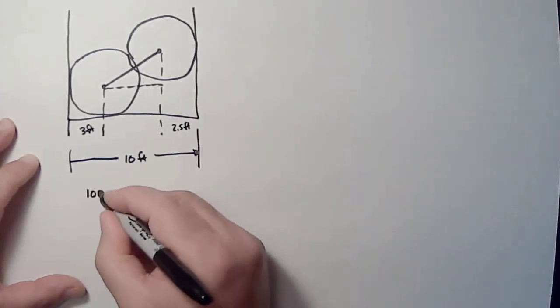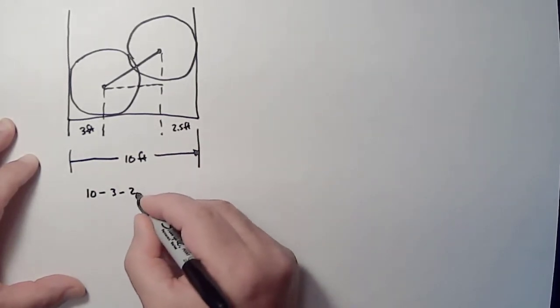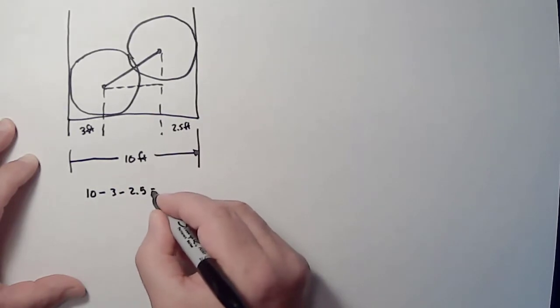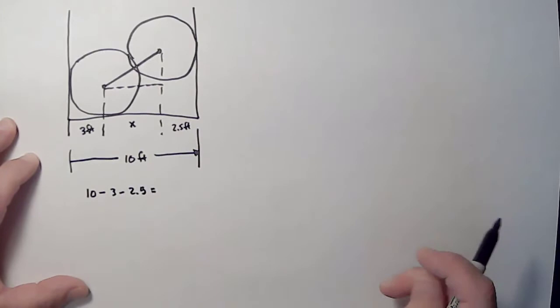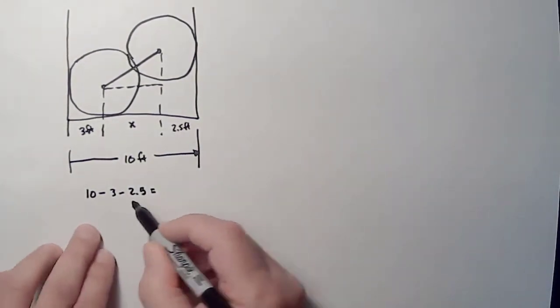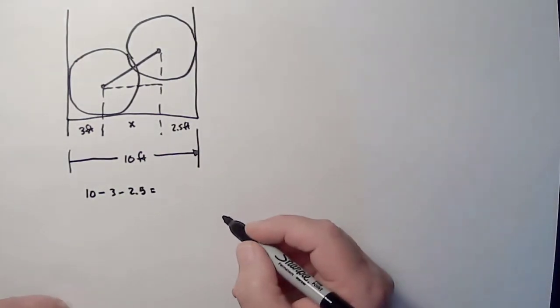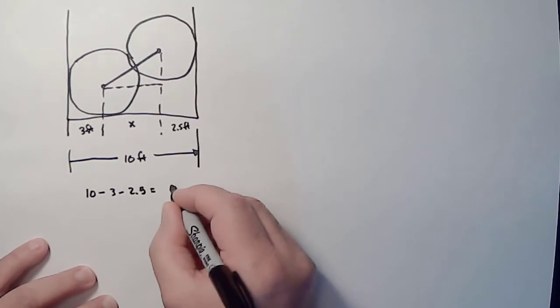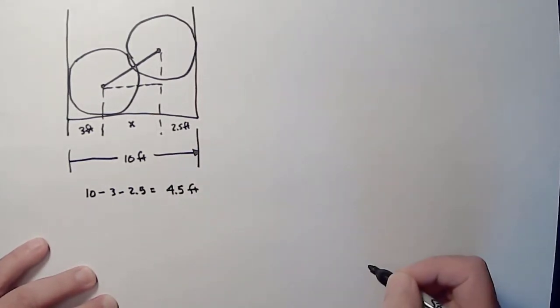So if I take 10 minus 3 minus 2.5, I have this distance x, which gives me 4.5 feet.